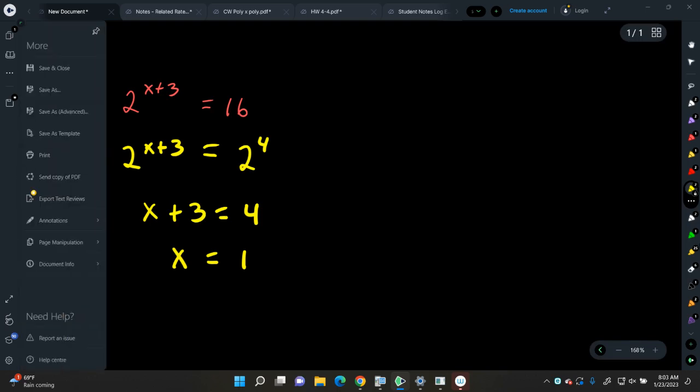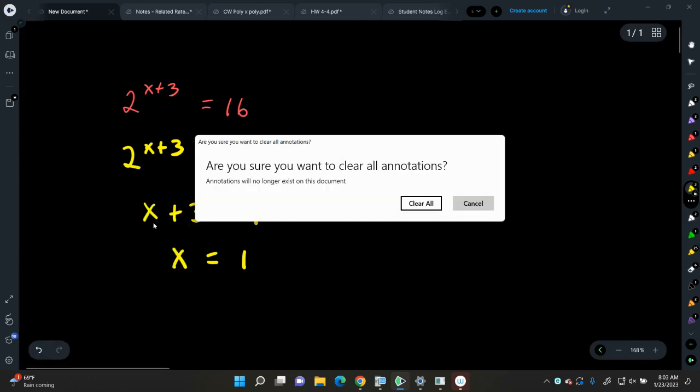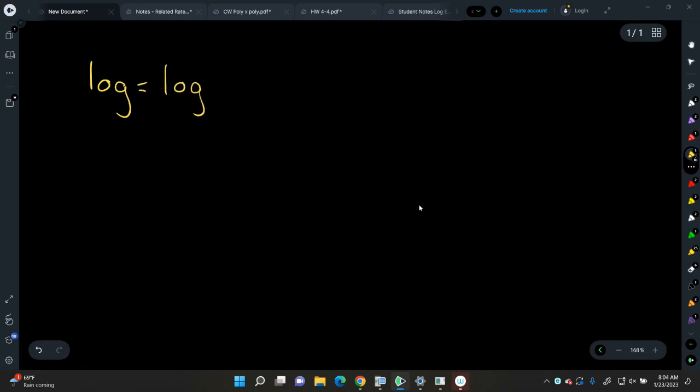So what we're going to learn today is how to solve some logarithmic equations. Basically, this is when we have a log equal a log. For instance, if we have log base 5 of 5x plus 9 equals log base 5 of 6x.